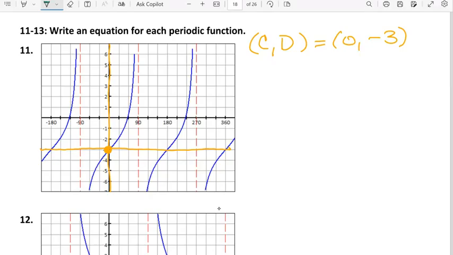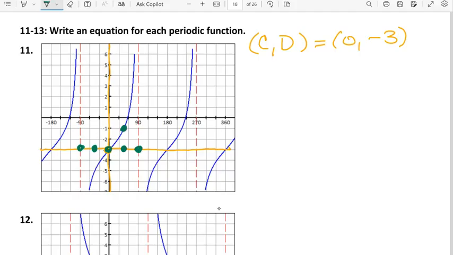So the new origin is right in the middle of a cycle. The asymptotes are the endpoints to the cycle, and the 1/4 and 3/4 of the way through points are halfway in between the middle of the cycle and the end of the cycle.